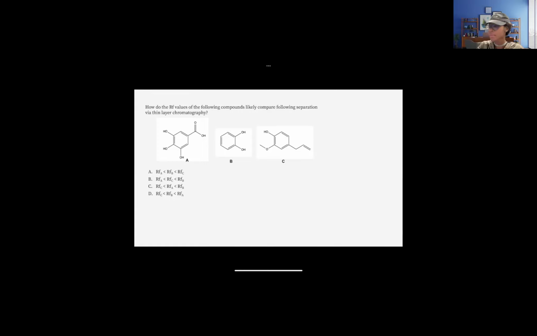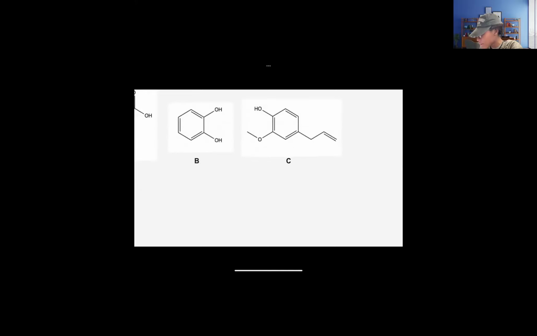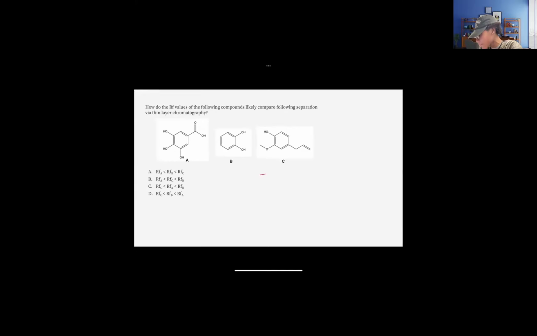Okay. So for this, I did get a few answers, and A was correct. Can someone reiterate to me what the stationary and mobile phases are in thin layer chromatography?